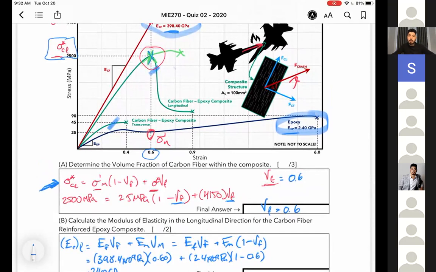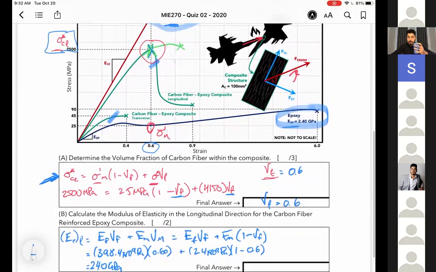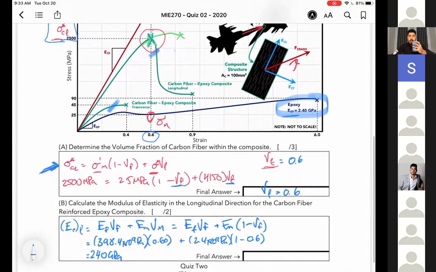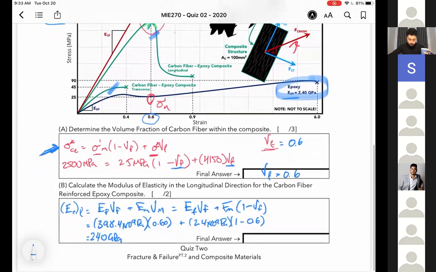Okay, thank you. No problem. So can you ever calculate it in the transverse direction, or are all the equations that we know of in the longitudinal direction? There is no way in this course to calculate the transverse strength. So then why would it be given on a graph? Because you may need it later on. I don't remember every single question off the top of my head.